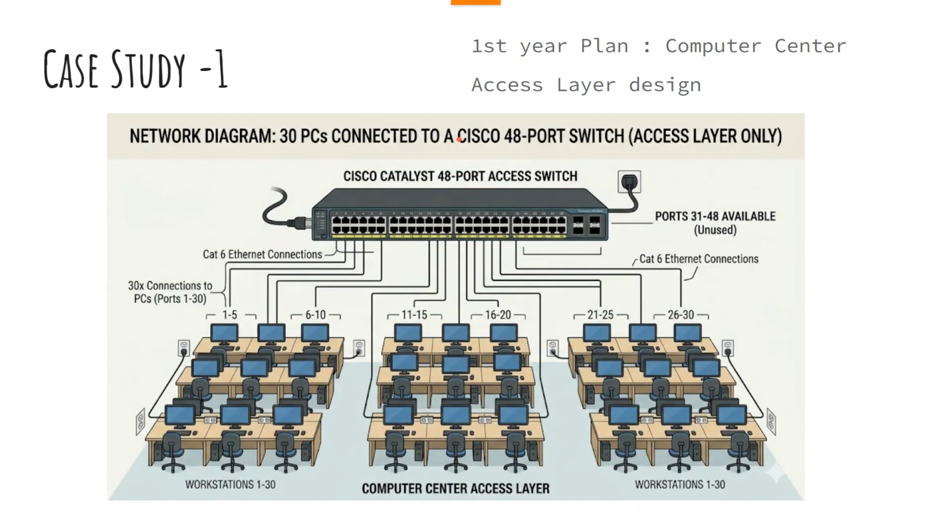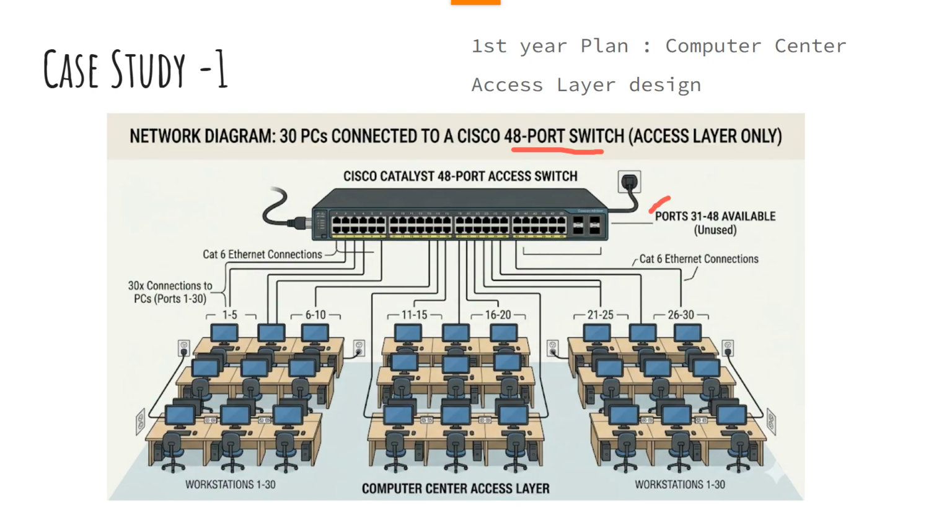So this is 30 PCs connected to a Cisco 48 port switch. Now there are 30 PCs and a 48 port switch, which means I have capability of expansion within the switch itself. There are 18 ports in the switch which are unused.